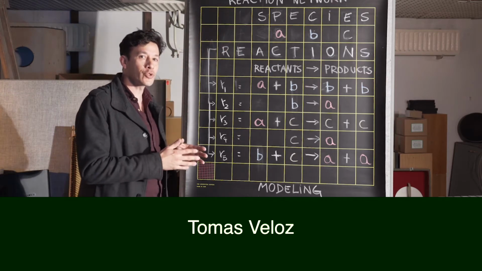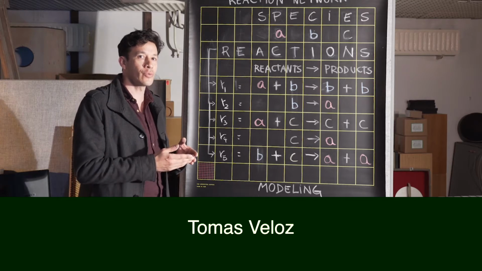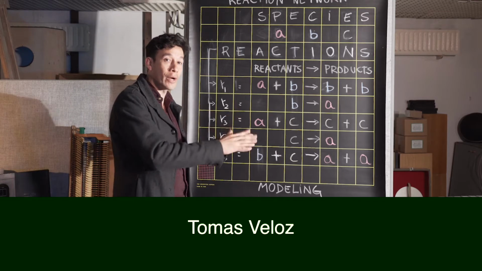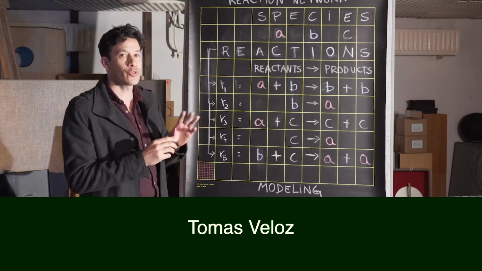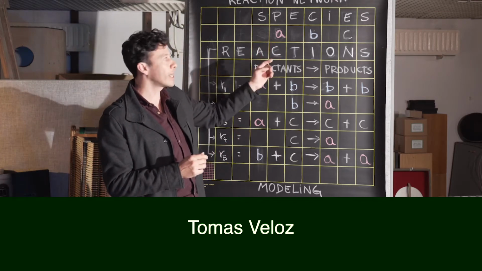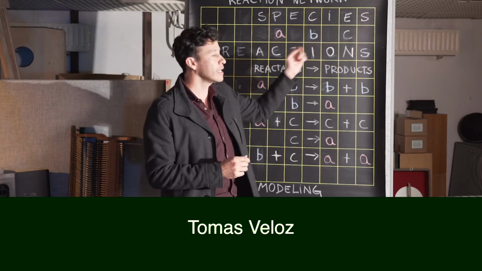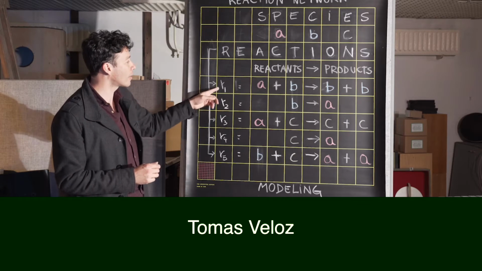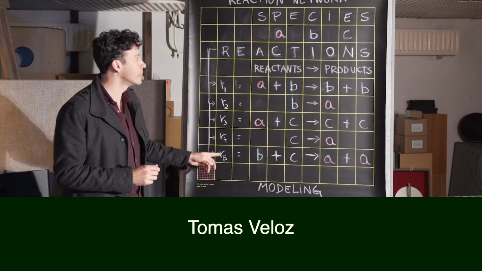To illustrate the example, I will speak about one reaction network which contains three species: A in red, B in blue, and C in yellow, and 5 reactions which we will note as R1, R2, R3, R4, and R5.